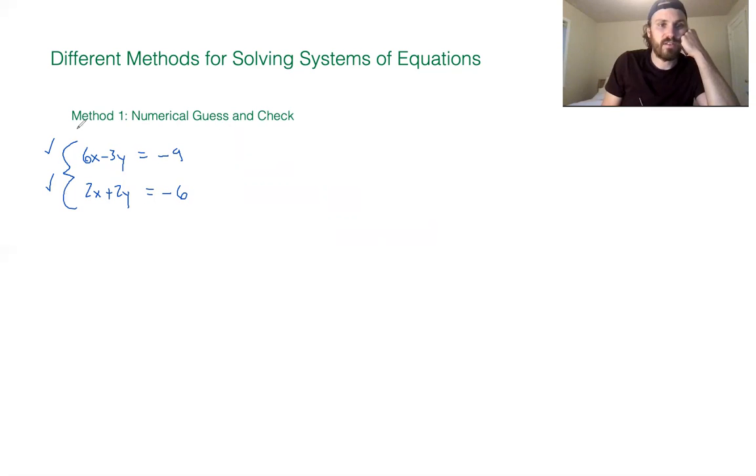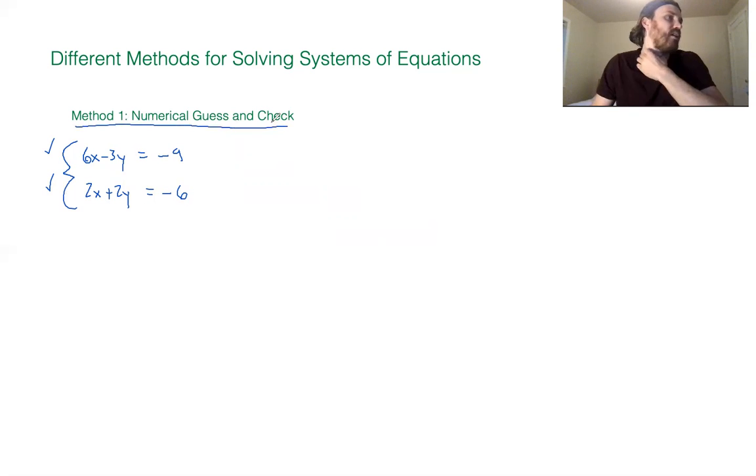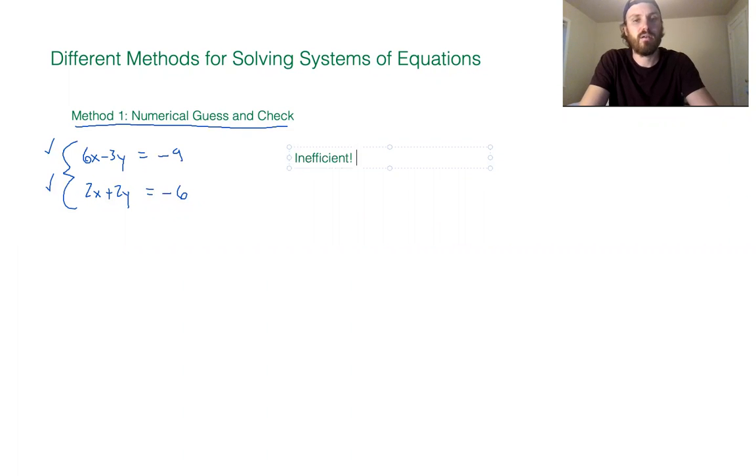So the first method you might use is just numerical guess and check. I actually think that we probably don't use numerical guess and check as much as maybe we should. One thing I'll say about it is that it is often inefficient. However, it can give us a good sense of what might work.